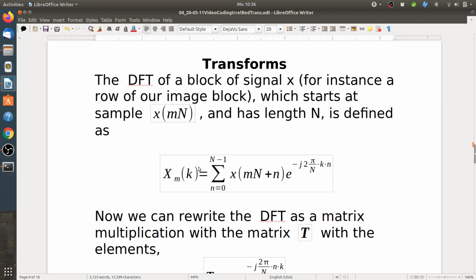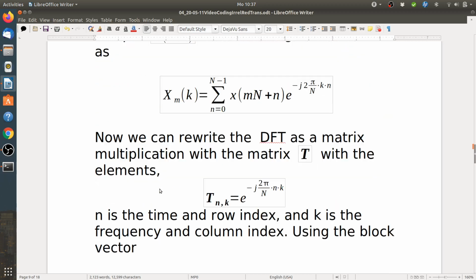The result is our frequency components capital X of k for block number m. So we can do this for each block. Now we can rewrite the DFT as a matrix multiplication with the matrix T with these elements.